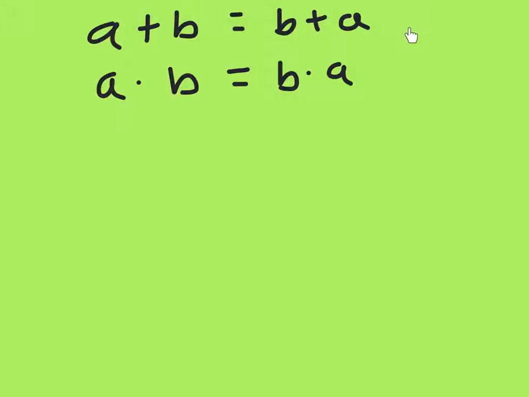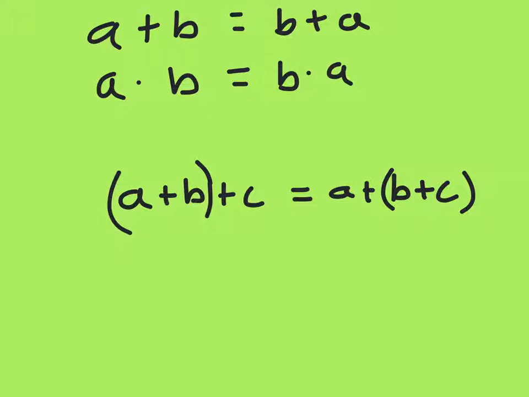That's going to be the commutative property of addition. And I know it's commutative because they're in a different order, and I know it's addition because there's an addition sign in each of them. The bottom one is commutative property of multiplication. Here we have A times B, and over here, we have B times A. They have switched their order.